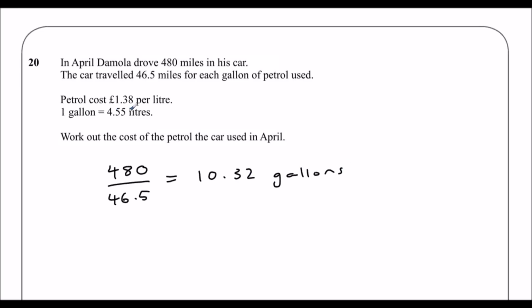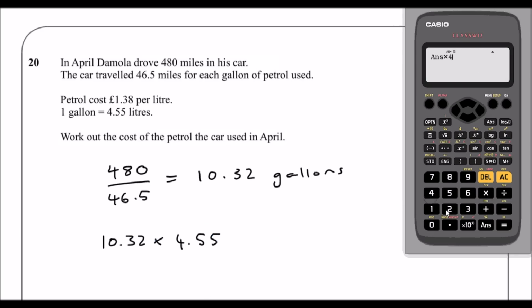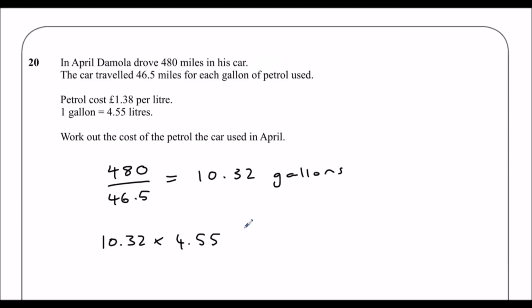Each gallon is 4.55 litres. So times that by 4.55, and that will tell us how many litres we used. 46.97 litres.